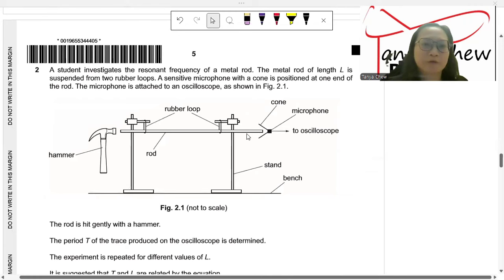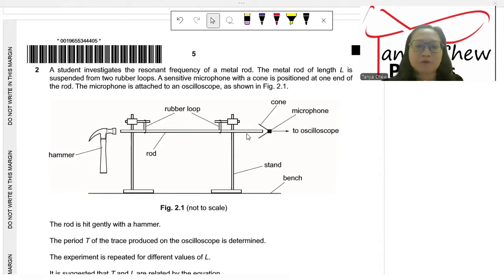Number 2, a student investigates the resonant frequency of a metal rod. A metal rod of length L is suspended from 2 rubber loops. A sensitive microphone with a cone is positioned at one end of the rod. The microphone is attached to an oscilloscope as shown in Fig 2.1.